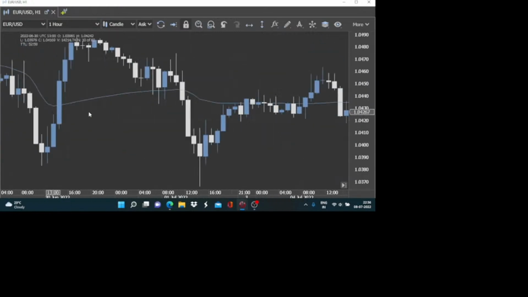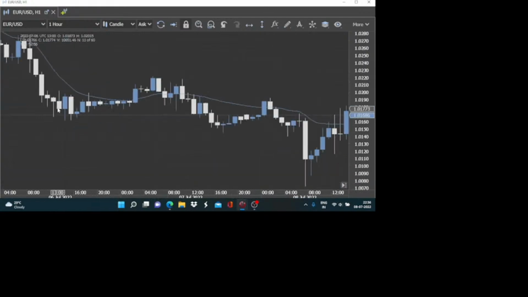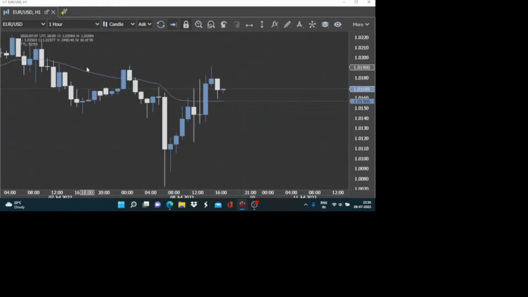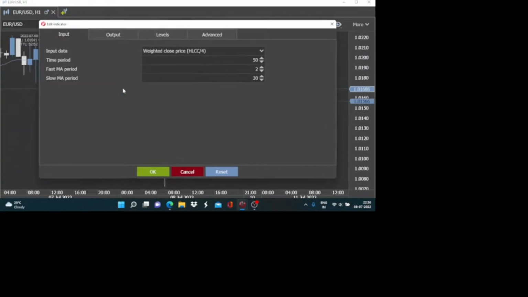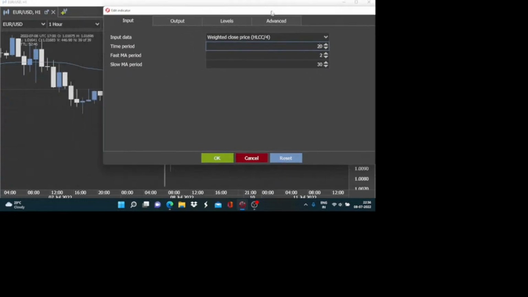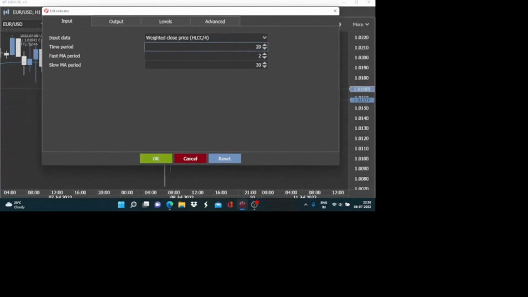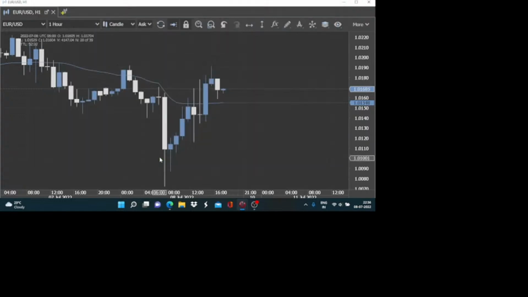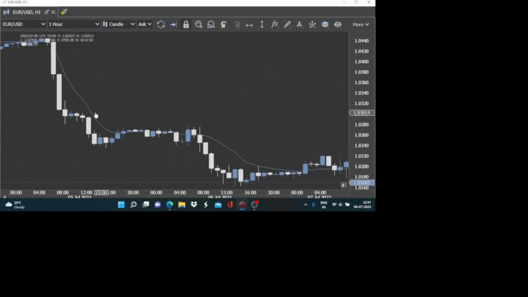Now coming to its classical interpretation, I will again change these input parameters, and let's try out different combinations here. Let's take for example the 20, and we also change this slow MA period to 20. Okay, so we have the combination of 20 to 20, and let's see what's happening.